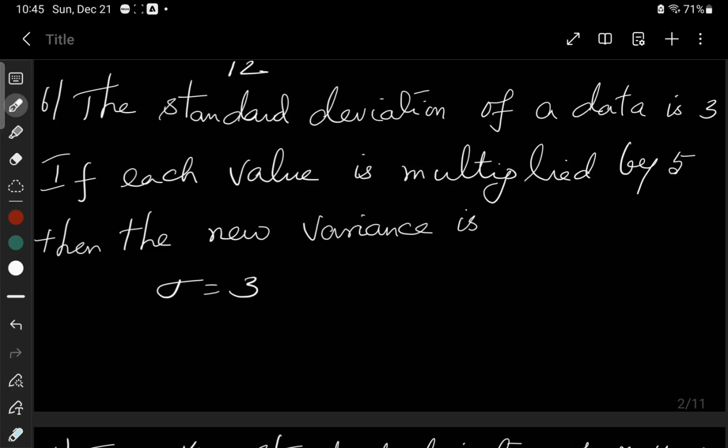But if you multiply or divide the data by any constant, the standard deviation is also multiplied or divided by the same constant. Here the values are multiplied by 5, so the new standard deviation is also multiplied by 5. 3 fives are 15.